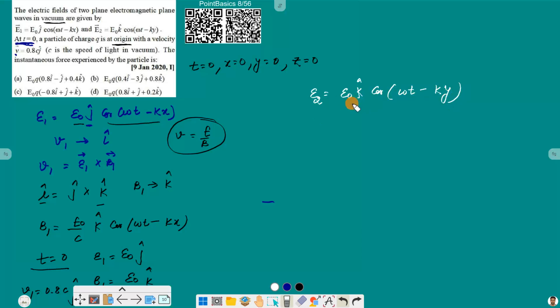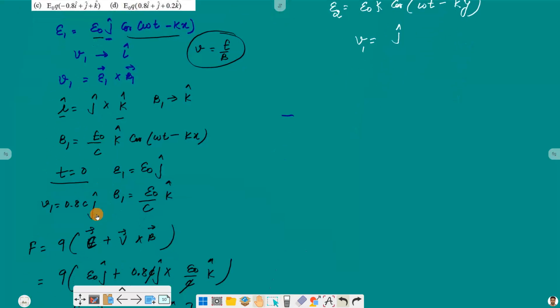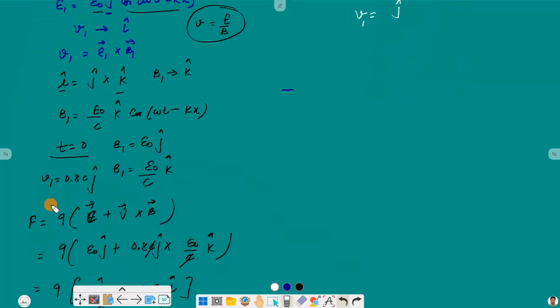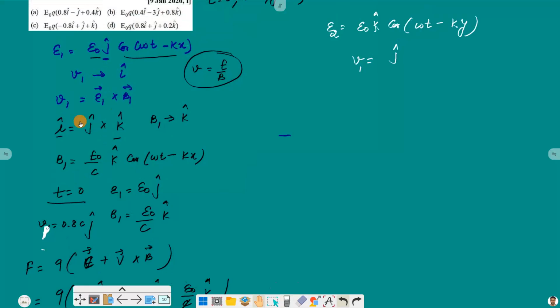So here again the velocity of wave is along positive j direction, and keep in mind that while calculating the force we are taking the velocity of the charged particle, and initially this was the velocity of the wave, so both velocities are different.